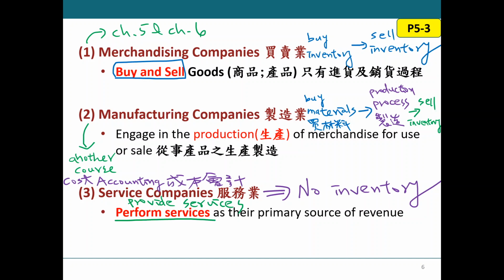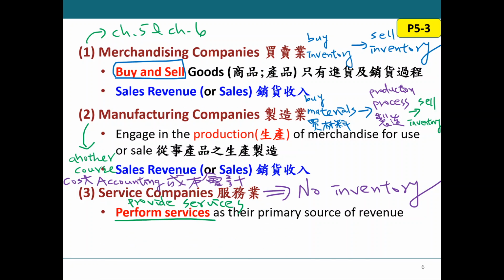But either one, when you sell the product to customer, we try to earn the revenue, right? Remember, sell the product to customer, we earn the revenue, which we call sales revenue, okay? So either merchandising company or manufacturing company, because we sell the product to customer, we earn sales revenue. Sales revenue, 销货收入. If you think two words is too long, you could use one word, the same, sales.